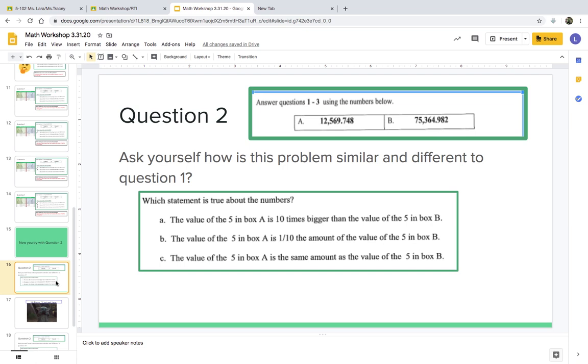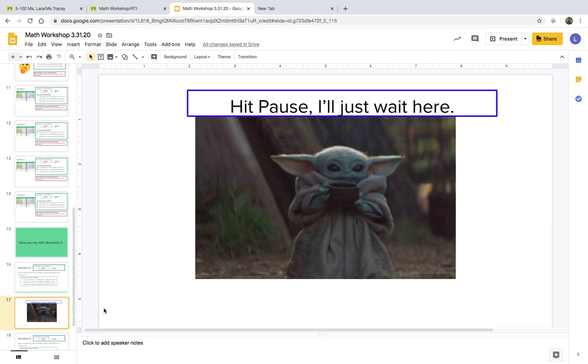And I might just pause it here so that you can kind of think about it. What is the same and what's different? Great. Were you able to say that they're similar because they're asking you to look at a number in a particular place? Yet it's different because it's a different number? Okay, awesome. So now, I'm going to give you some time. Hit pause, and I'll just wait here until you're done. Okay? So hit the space bar and pause it. Work out that problem.